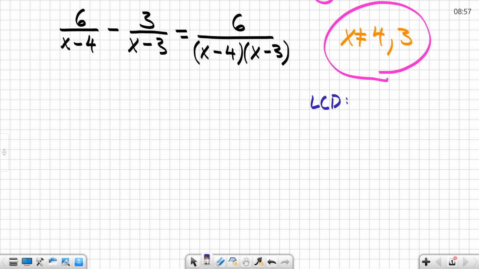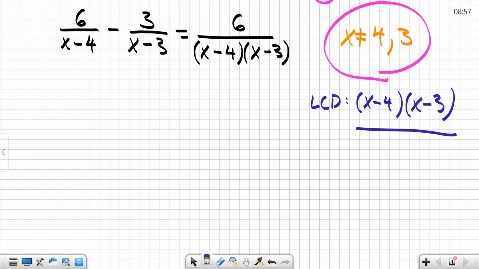I pick every factor from my first denominator, which would be x minus 4. I pick the denominator from my second fraction, which would be x minus 3. And when I look at the right side of my equation, I also have only factors of x minus 4 and x minus 3, which means that this is the least common denominator.